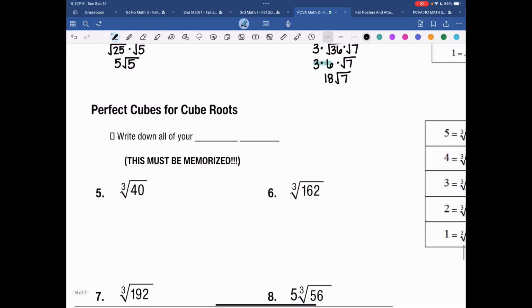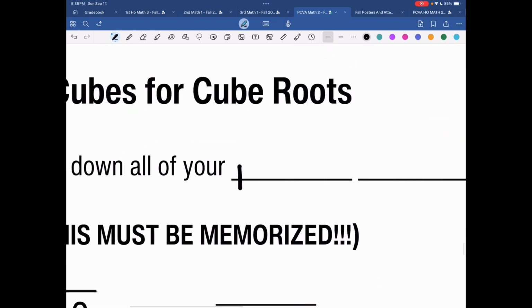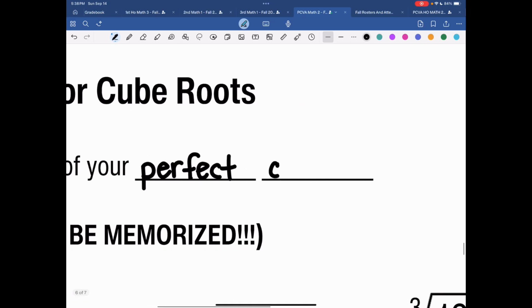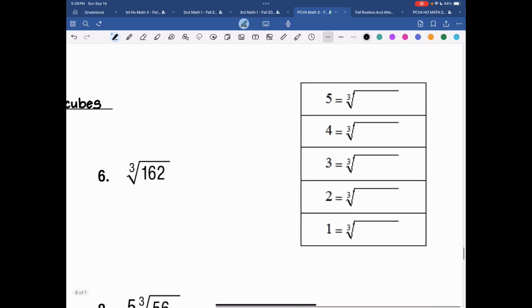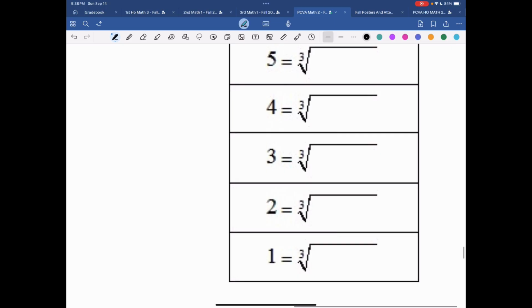Now, with cube roots, again, we're going to write down all of our perfect cubes. These may not be as memorized in your brain as the squares, but we're going to work with the basics of 1 through 5. There are more, obviously. If I have 1 cubed equals 1, so the cube root of 1 is 1.